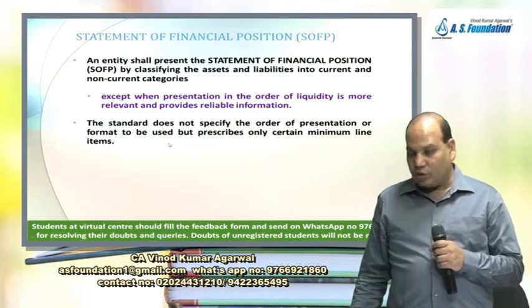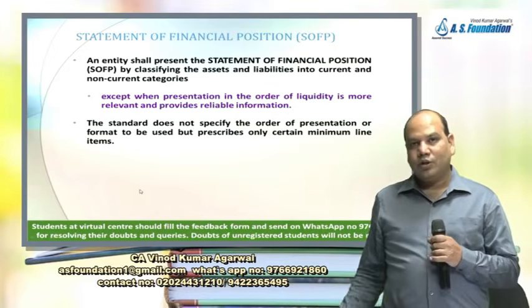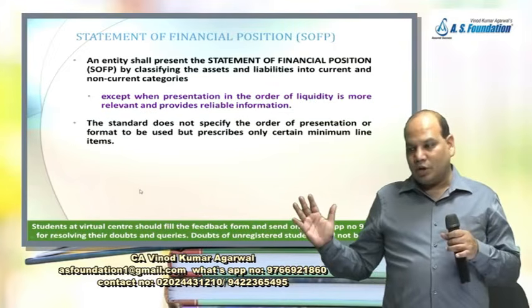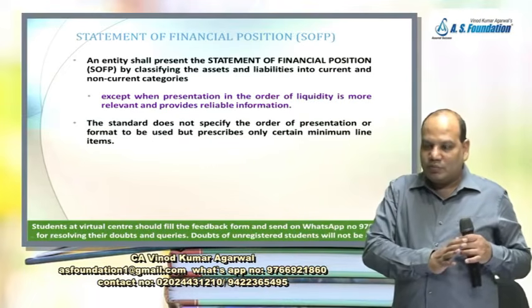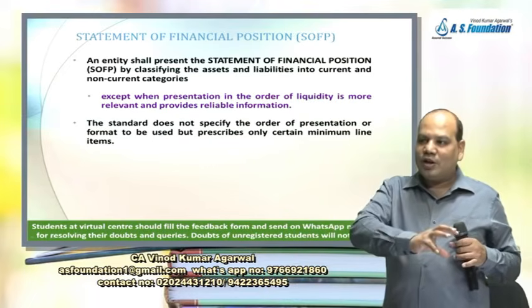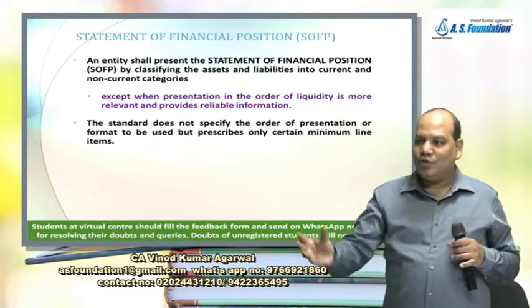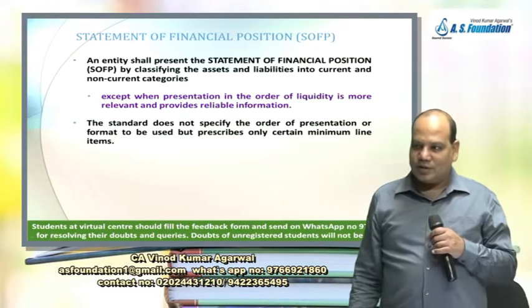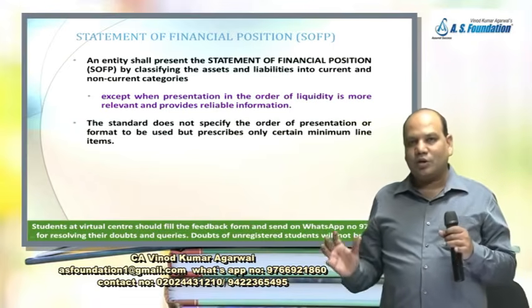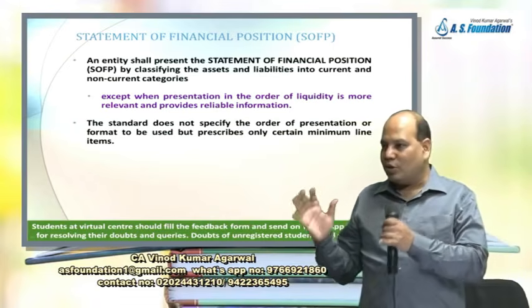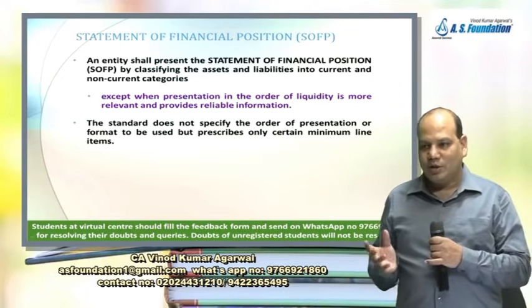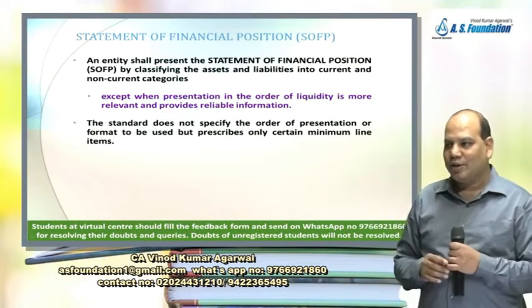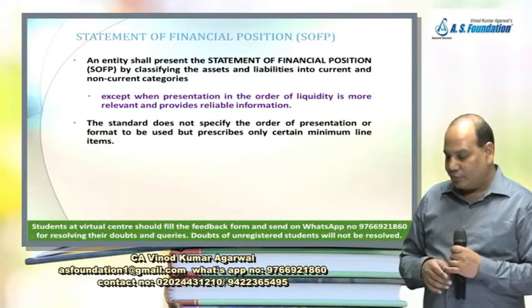They follow non-current current format, so that it is easy to understand how much is your current asset to support your current liability and how much your non-current liability has financed your non-current asset. Easy to understand. Long-term source should meet your long-term needs, short-term source should meet your short-term need. That is what is the logic of non-current and current item.